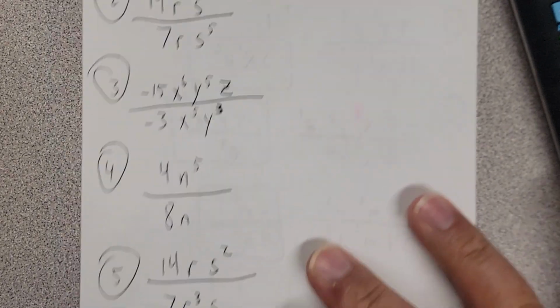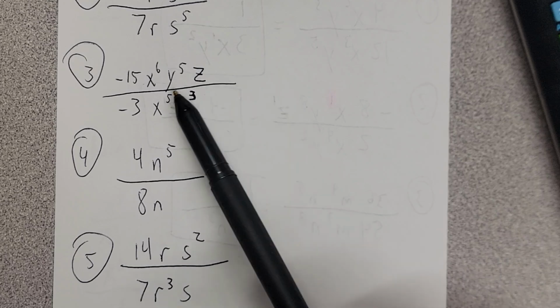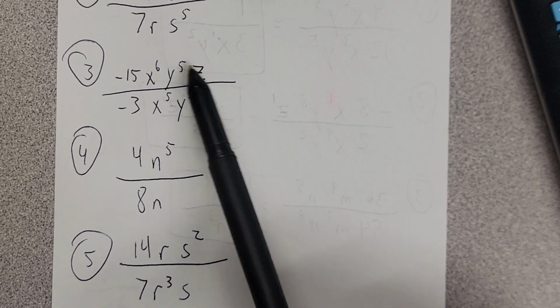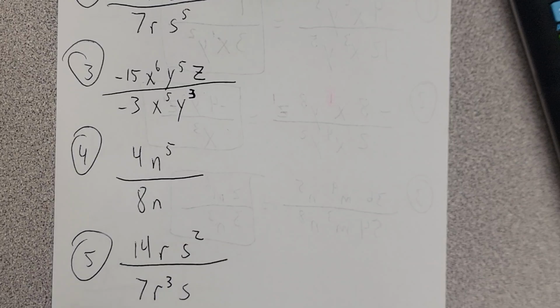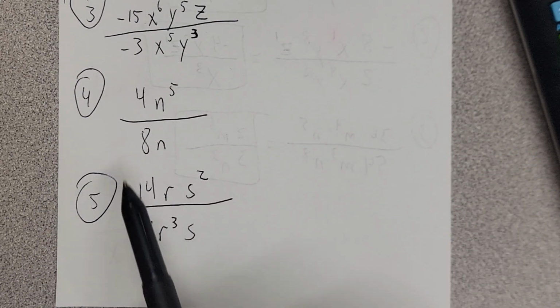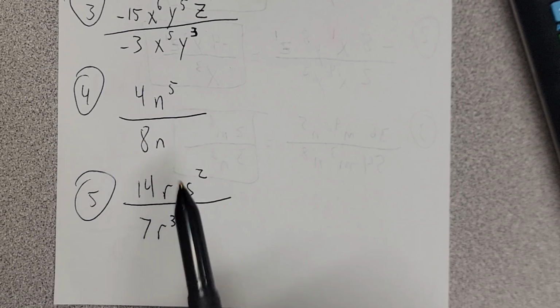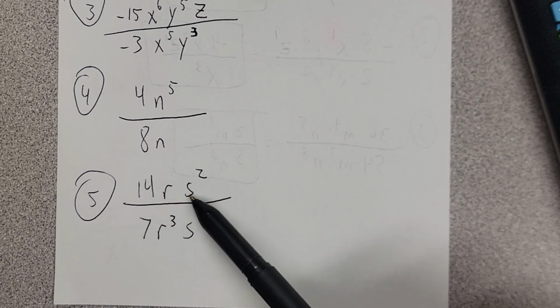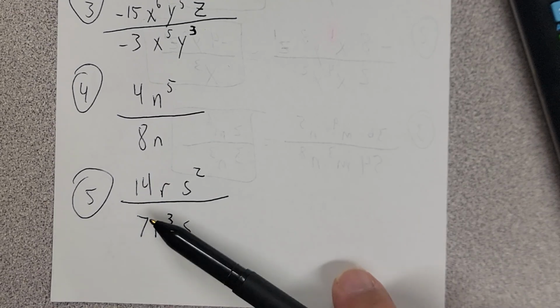Zoom in a little bit. Negative, be careful with your negatives, guys. Negative 15, x to the 6th power, y to the 5th, z, divided by negative 3, x to the 5th, y to the 3rd power. The last two: 4n to the 5th power divided by 8n. And the last one, 14rs squared divided by 7r to the 3rd, or r cubed, is what we call it.